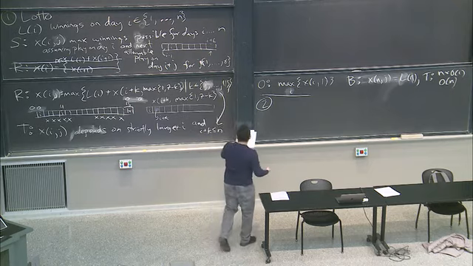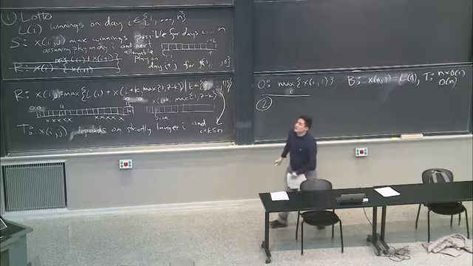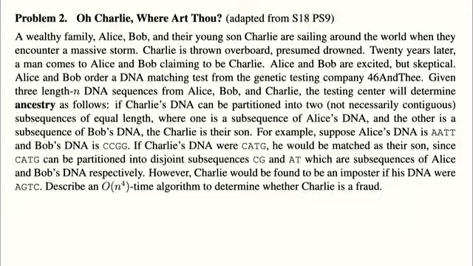Okay, so problem 2, this one's a longie. A wealthy family, Alice, Bob, and their young son Charlie are sailing around the world when they encounter a massive storm. Charlie is thrown overboard, presumed drowned. This is very colorful language from these problem set writers. 20 years later, a man comes to Alice and Bob claiming to be Charlie, having maybe been marooned on an island for that long.